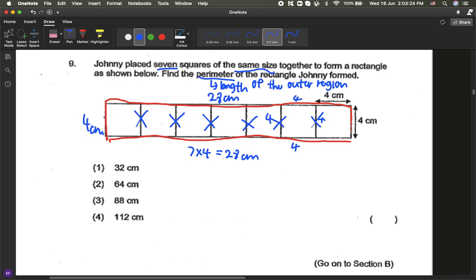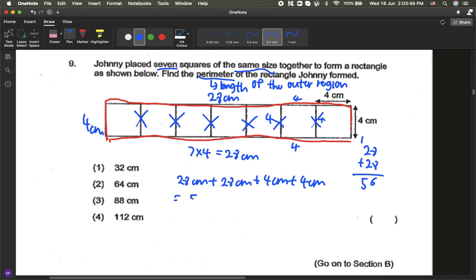Okay, now to find the perimeter, we just need to add all the sides. So that's 28 cm plus 28 cm plus 4 cm plus 4 cm. So let's do our working. 28 plus 28. 8 plus 8 is 16. Carry the 1. 2 plus 2 is 4, plus 1 is 5.